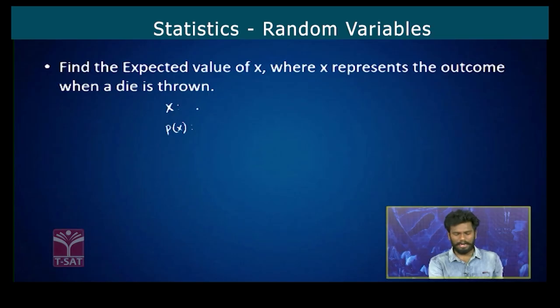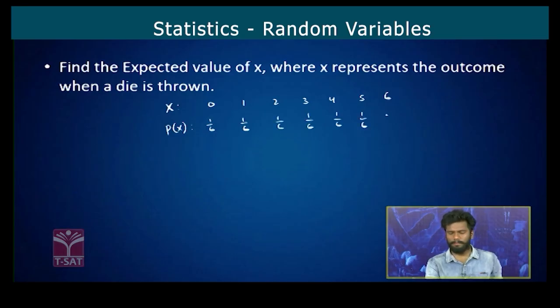The random variables will take the values 0, 1, 2, 3, 4, 5 and 6. Those are the possible outcomes. The probability of getting 0 is 1 by 6, the probability of getting 1 is 1 by 6 and it is equal for everything. Now we have to find the expected value of x, expectation of x.